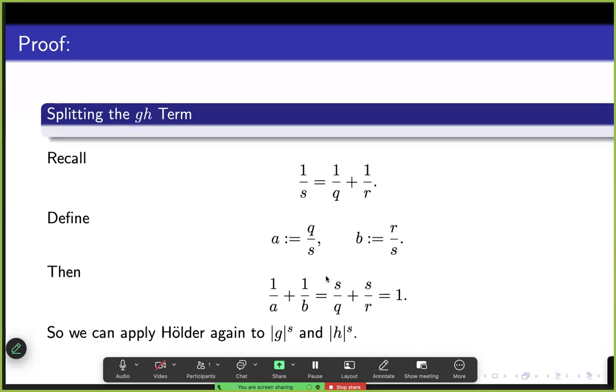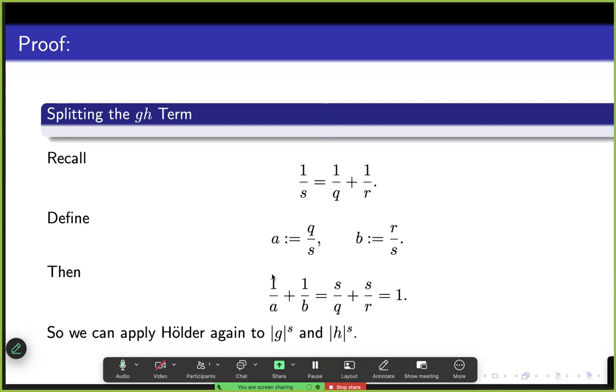Again, we recall that 1/q + 1/r = 1/s. Now we define two new exponents: a = q/s and b = r/s. Then 1/a + 1/b = s/q + s/r = (1/q + 1/r)·s = (1/s)·s = 1.